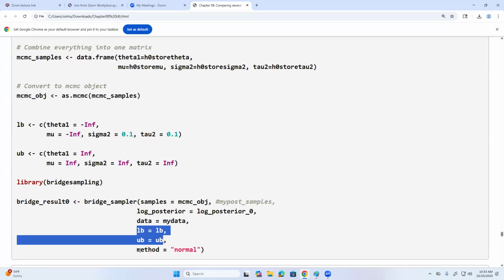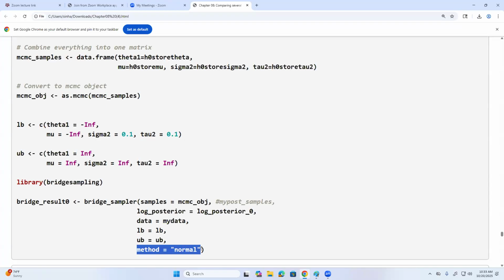And look at the method part. It asks how you want to do the proposal construction. It is a normal proposal construction, so you can play around with this. This is a wonderful function. You don't have to write all the optimal function and other things; it is done in the package.